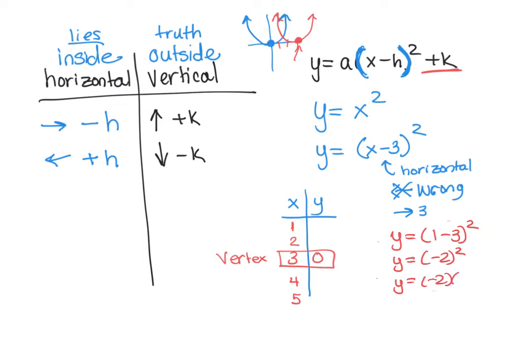Negative 2 times negative 2 should give me 4. All right? Now remember, if 1 gave you a 4, the 5 is equally spaced away from the vertex. It should also give you a 4. Let's see if that's true. If I were to put 5 in there instead of 1, 5 minus 3 is a positive 2, and a positive 2 times a positive 2 is also 4.